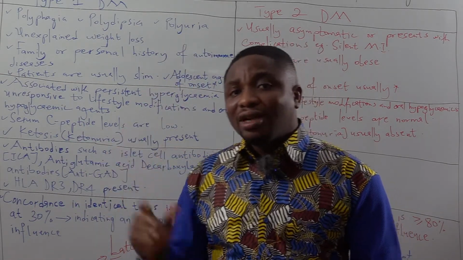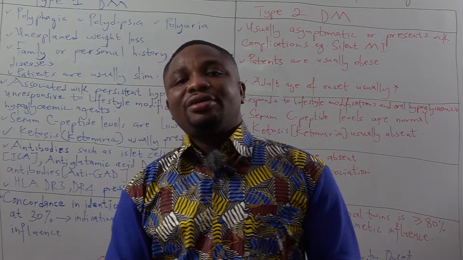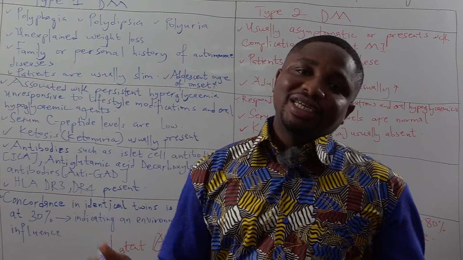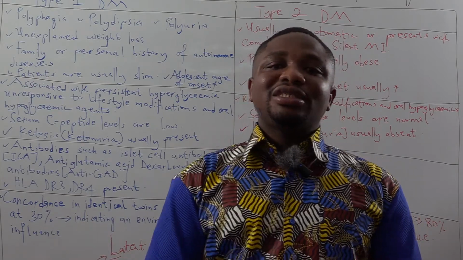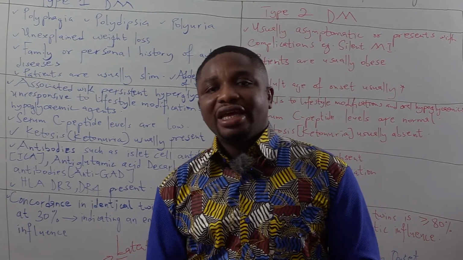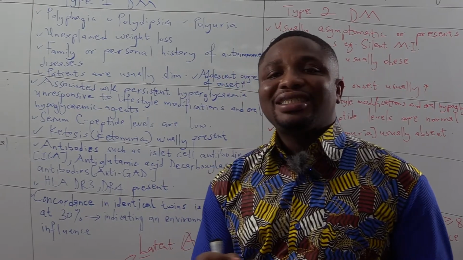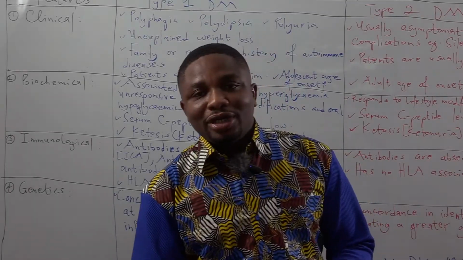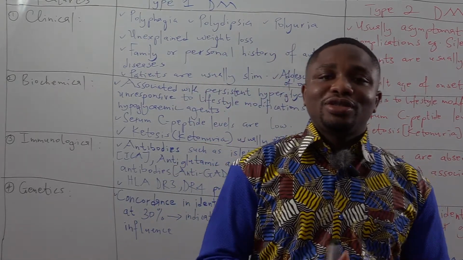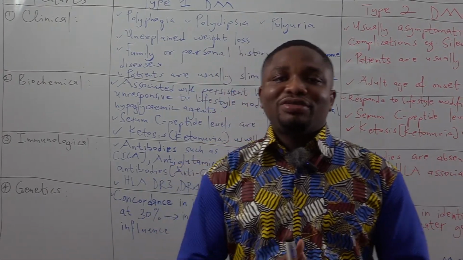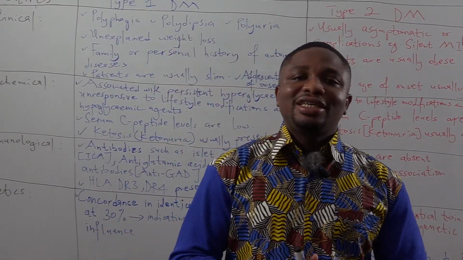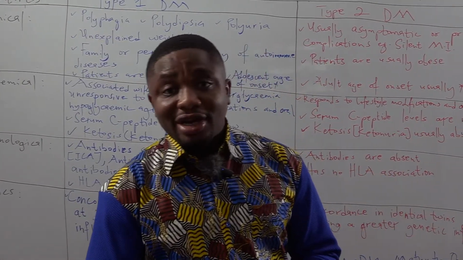Now, let's talk about the next parameter, that will be the immunological. Type 1 diabetes mellitus is characterized by the presence of autoantibodies, such as the islet cell antibodies and also the anti-glutamic acid decarboxylase antibodies. Then again, you should know that type 1 diabetes mellitus is characterized by the presence of the human leukocyte antigen, specifically the DR3 and the DR4.